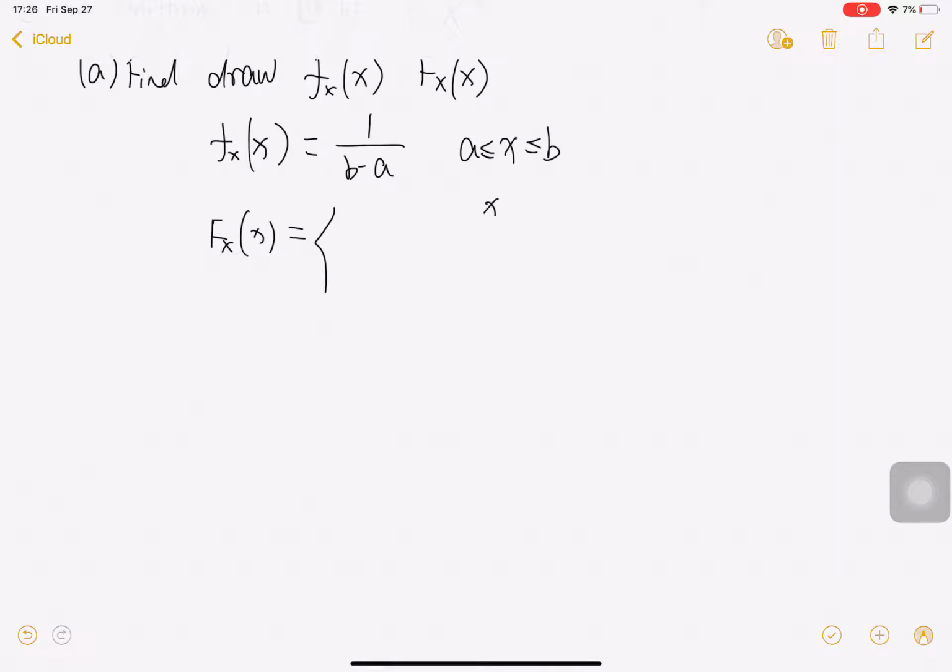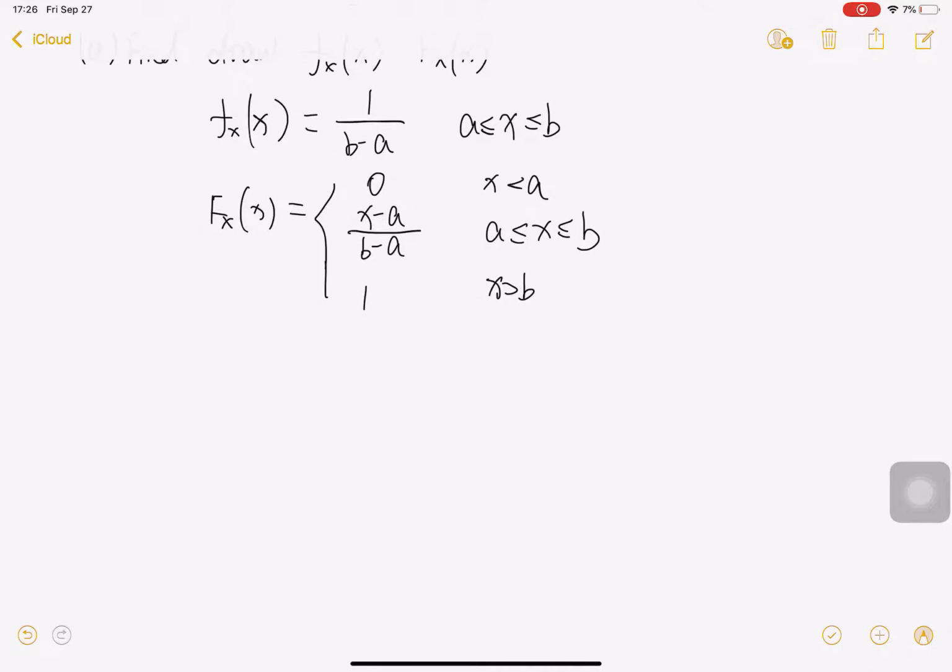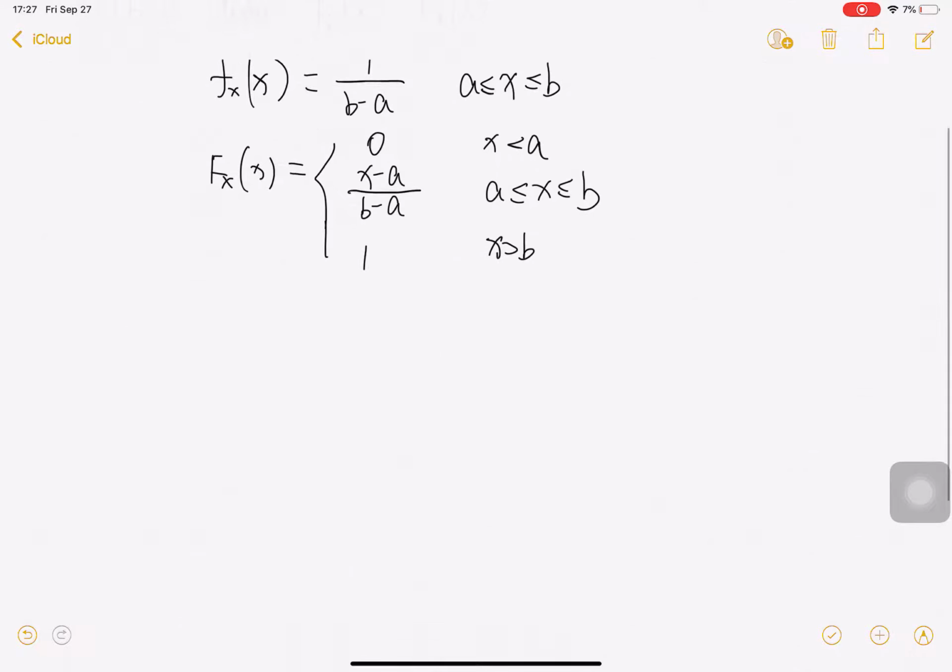When x is smaller than A, it is 0, and when x is in A and B, it should be x minus A over B minus A. And when x is larger than B, it's 1. So next step, let's draw these two functions.